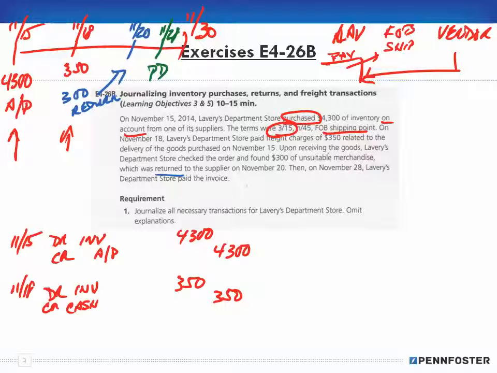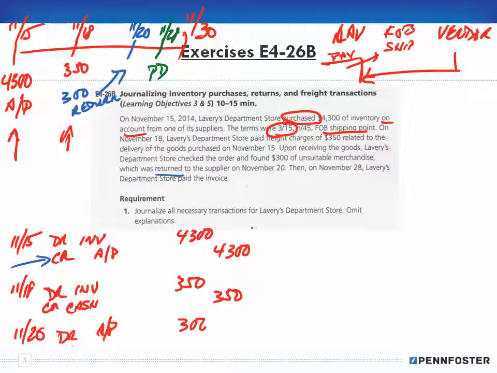All right, so let's see here. So that's 1118, all right? So now we're going to return $300 on 1120. So on 1120, if we're returning $300, that means we don't owe it anymore. Okay, so if we credited accounts payable here, that means we're going to debit accounts payable for 300, right?